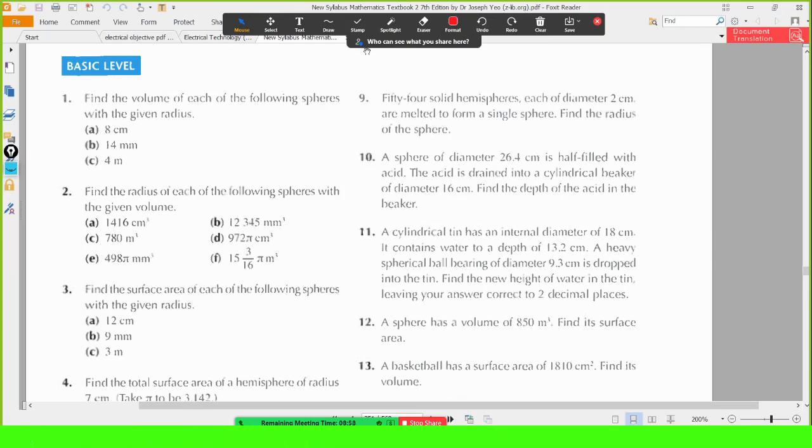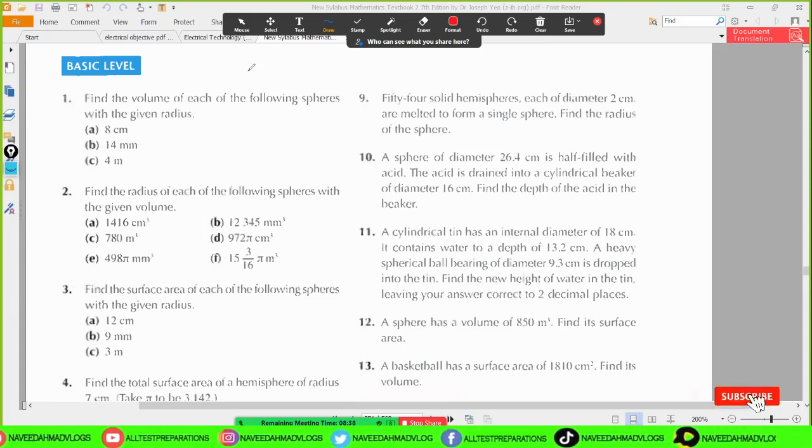Question number 9. Four-sided solid hemisphere, each of diameter 2 centimeter, are melted to form a single sphere. Find the radius of the sphere. ये आई थिंक हम कर चुके थे पहले भी। So first of all, you will need to draw the hemisphere, okay?